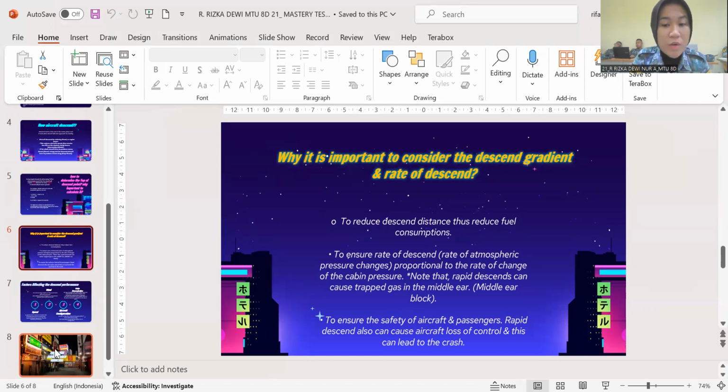The second is to ensure the rate of atmospheric pressure change is proportional to the rate of change of the cabin pressure. Note that rapid descent can cause trapped gas in the middle ear block. Third, the reason is to ensure the safety of aircraft and passengers. Rapid descent can also cause the aircraft to lose control, and this can lead to a crash.